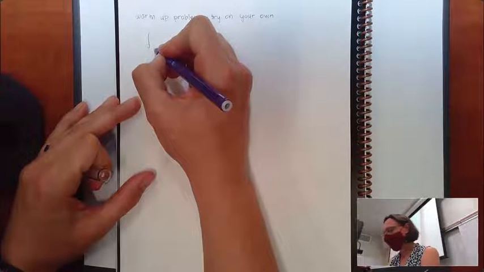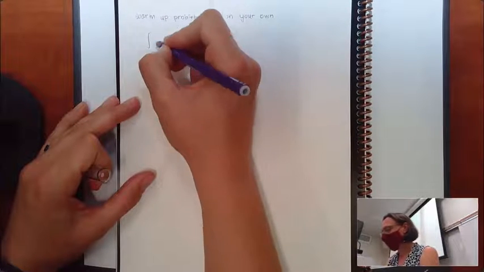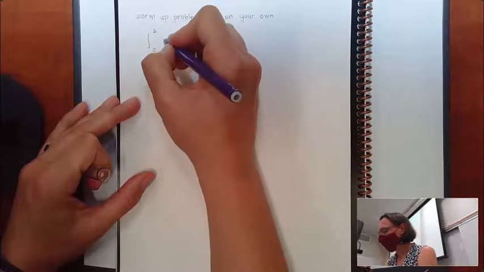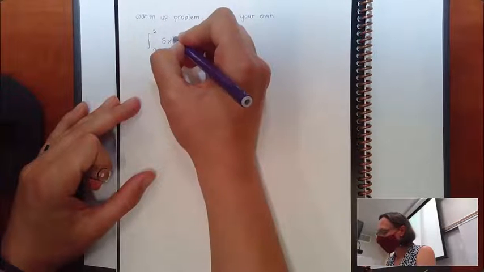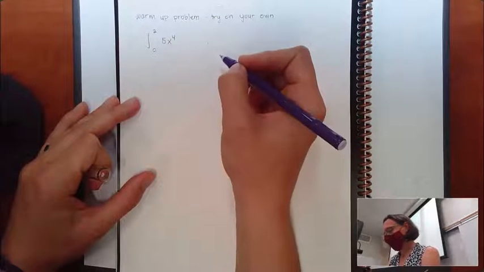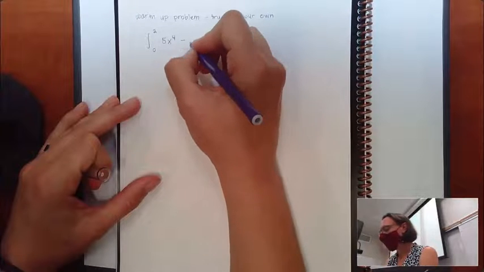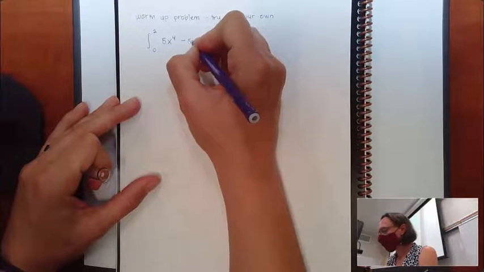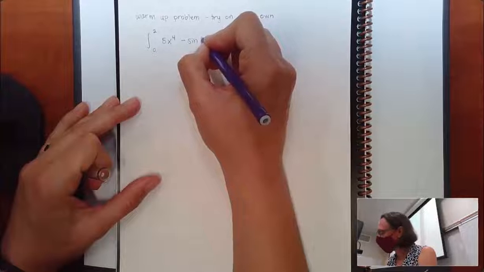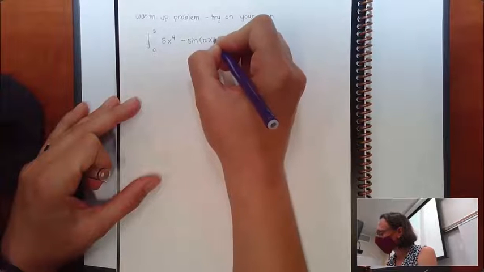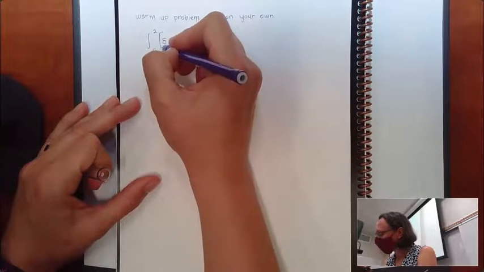Let's integrate from 0 to 2, 5x to the 4th minus sine of pi x.